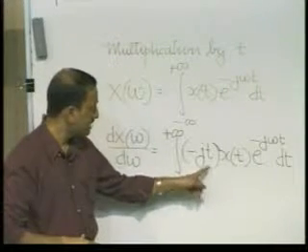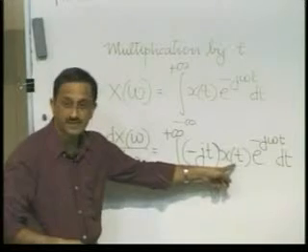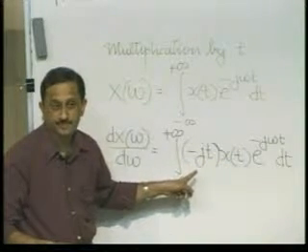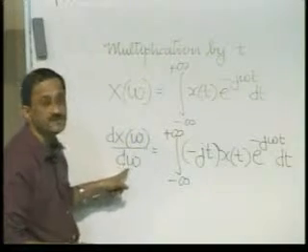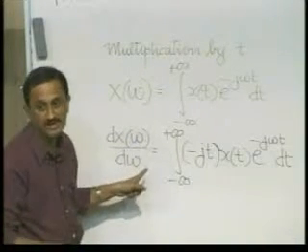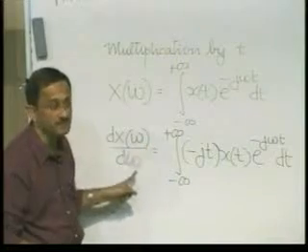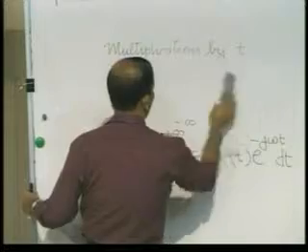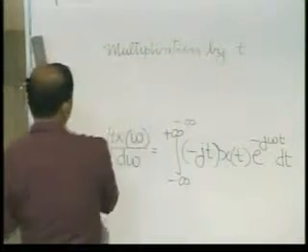which goes to say that if you multiply x of t by minus j t, the effect is to take a derivative in the frequency domain with respect to omega. So therefore, by the linearity of the Fourier transform, one can modify this.